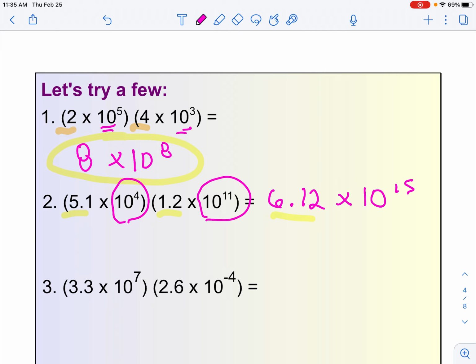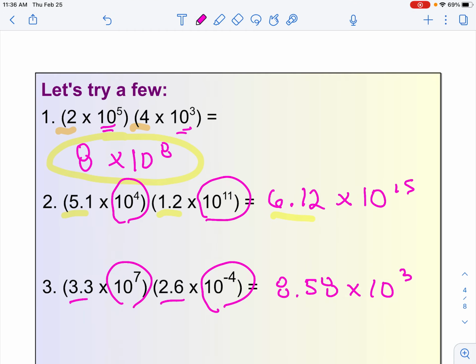Now we have 3.3 that we're going to multiply by 2.6, which gives us 8.58. And then we have our power of 10, 10 to the 7th times 10 to the negative 4. When I add those exponents, remember 7 plus negative 4 is going to give me 10 to the 3rd.